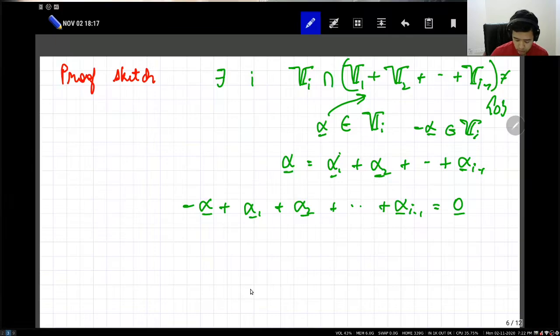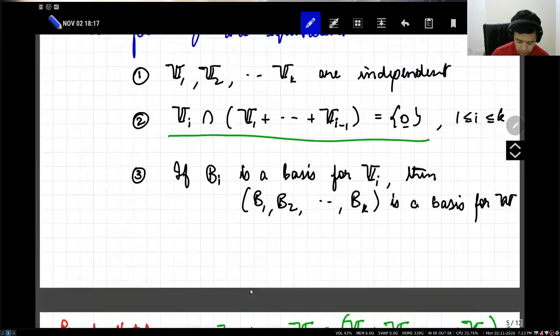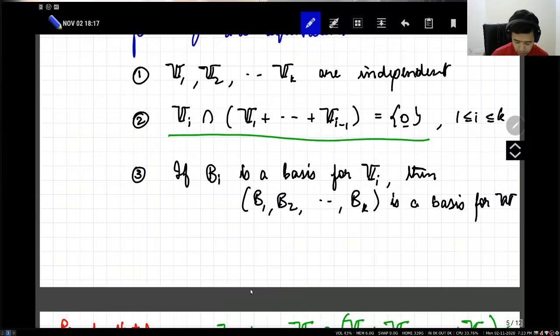Obviously alpha is non-zero, so you have a non-zero sum giving you the 0 vector, and therefore the Vi's cannot be independent. So the Vi's must be dependent.